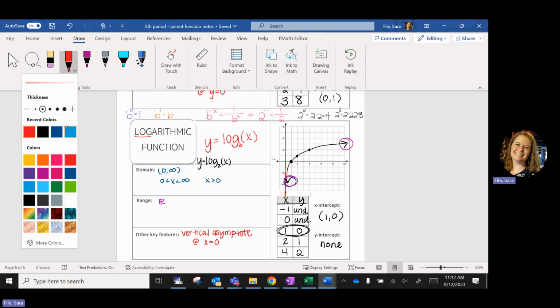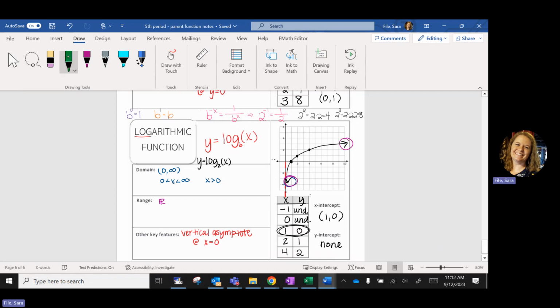So let me switch colors here. I think I did a base 10 in green. So if I do my log of x and I do not write a base, I don't put a subscript after the g, that is an understood base 10, because base 10 is what we refer to as our common log.